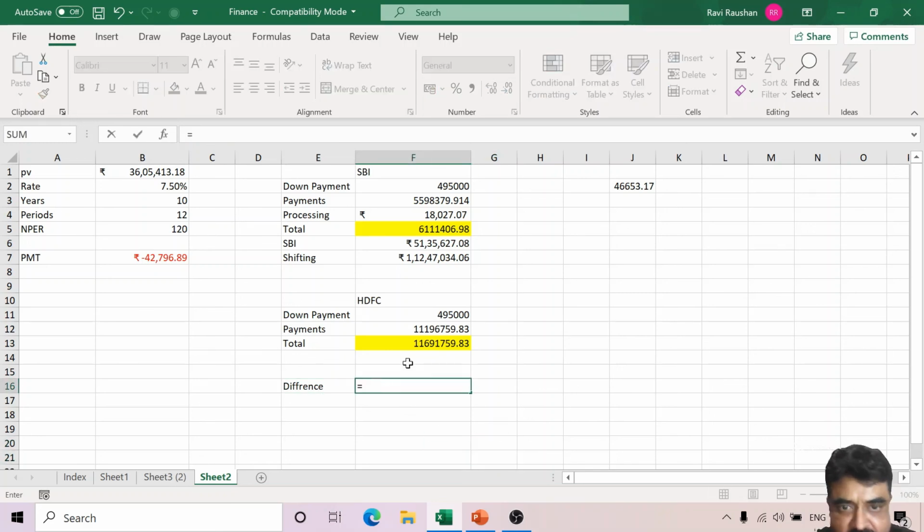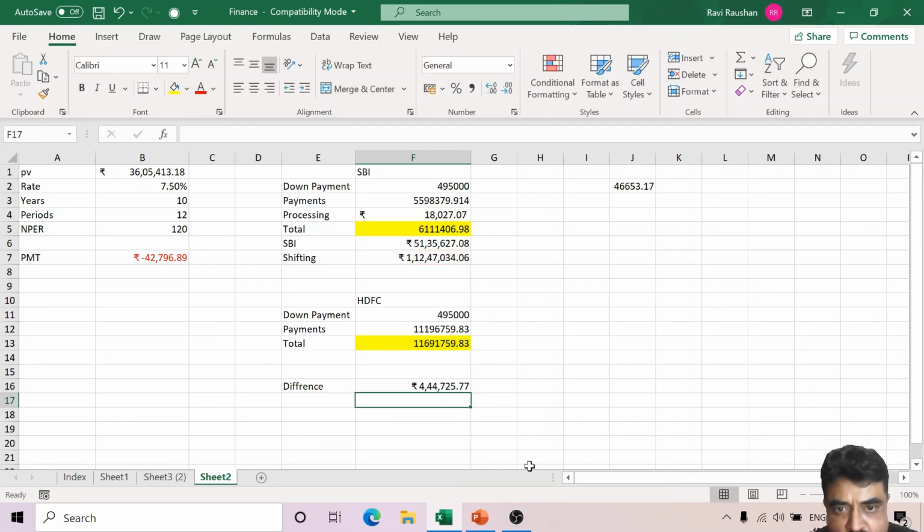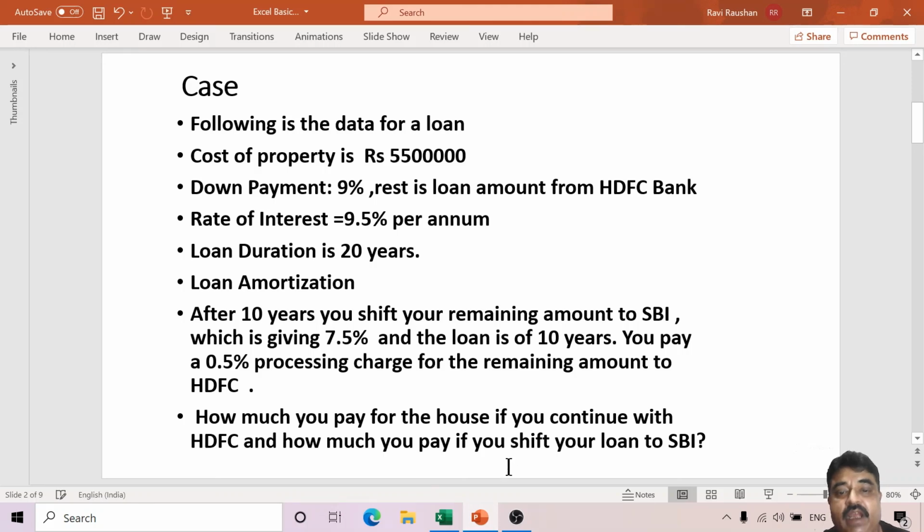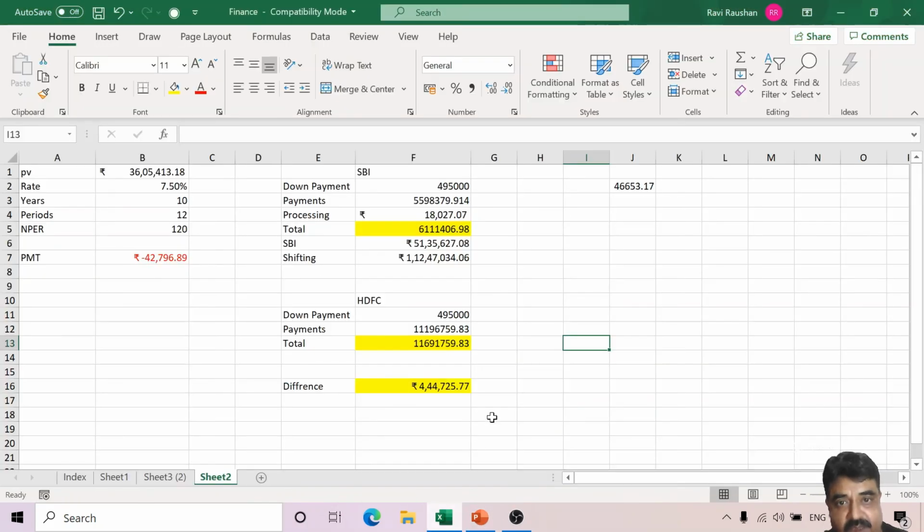If you subtract this amount from this, you are making savings of this much by shifting to SBI. So the conclusion is that you should shift to SBI, because if you had not shifted, this is the total amount you would have paid, and because you have shifted, this is the amount that you are paying.